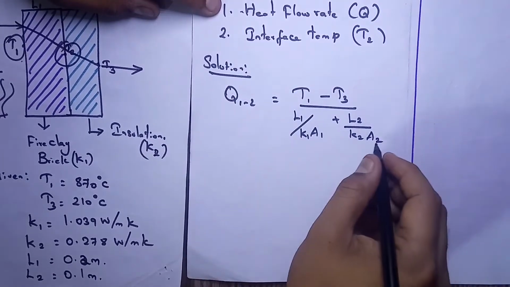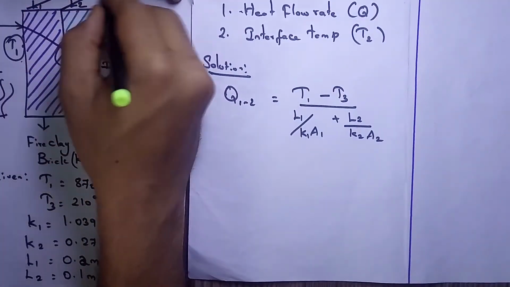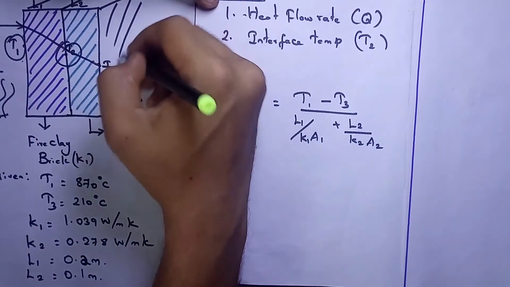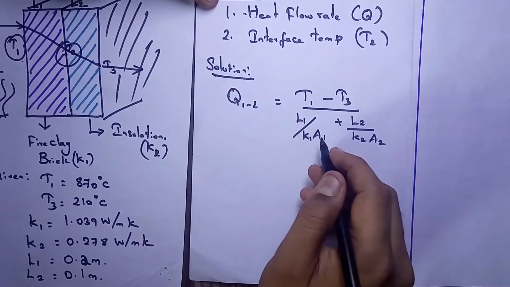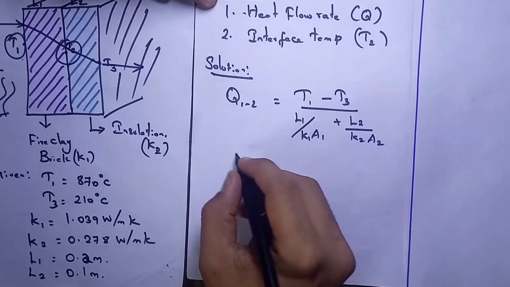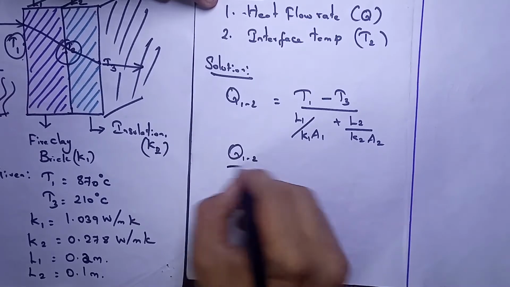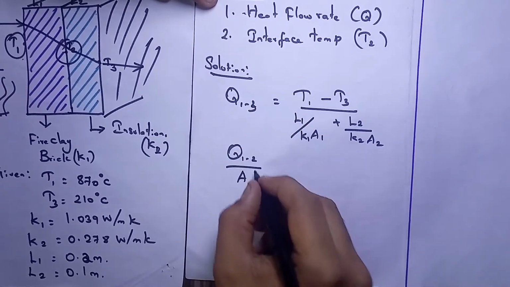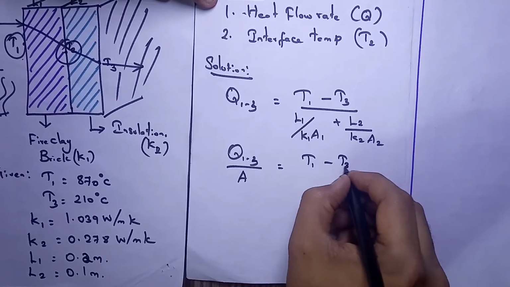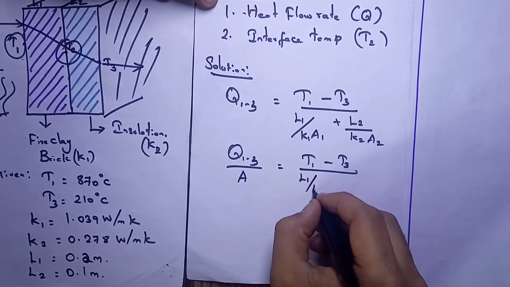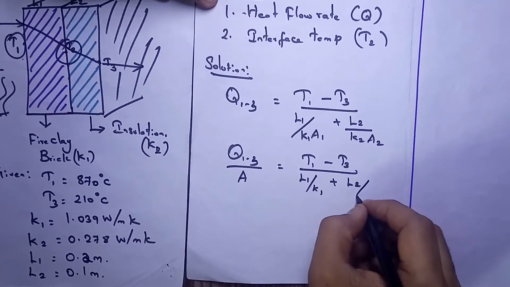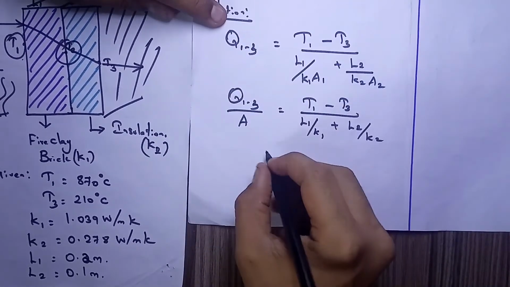The area will be common to both, so take it common, outside and bring it this side. So we get Q of 1 to 3 divided by A equal to T1 minus T3 divided by L1 by K1 plus L2 by K2.